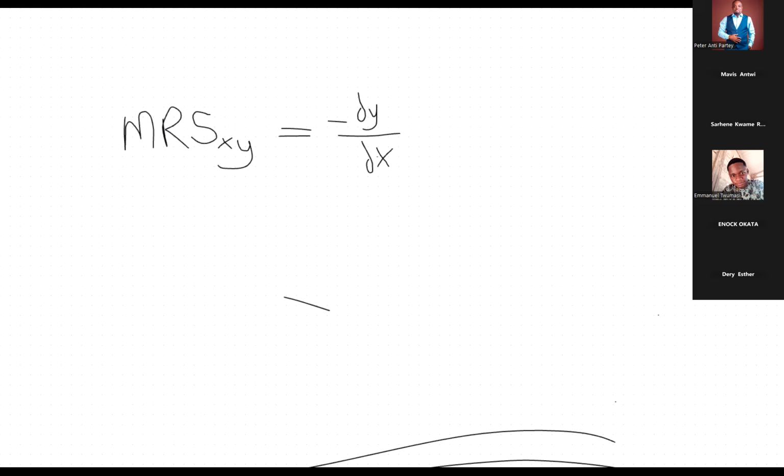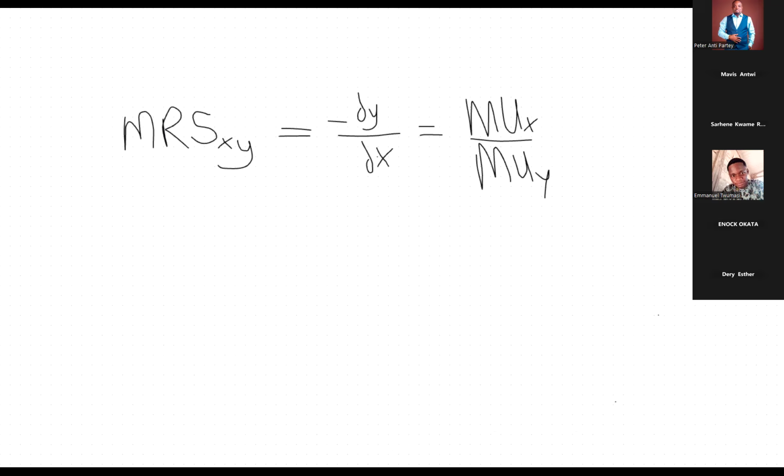This is equal to mu of x over mu of y. So this is the formula for calculating the marginal rate of substitution.